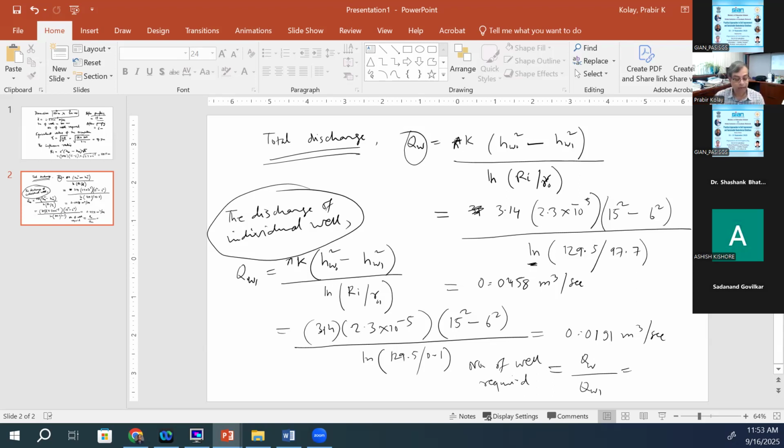So easily you can calculate that: 0.084 divided by 0.019. That will be approximately 26 wells required.